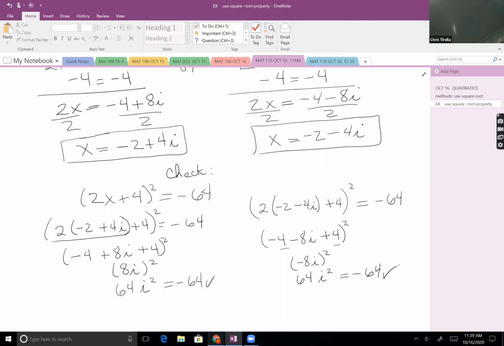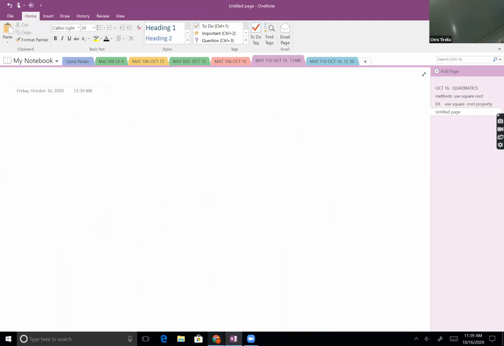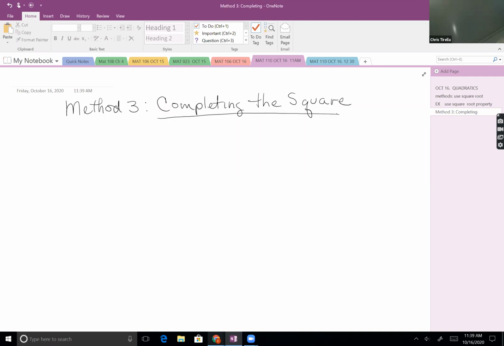Then, if that's all right, we're going to take that reasoning and go a little bit further and come up with another method of solving a quadratic. And method 3 involves completing the square. We're going to do a little bit of background work before we actually look at how to solve a quadratic by completing the square.